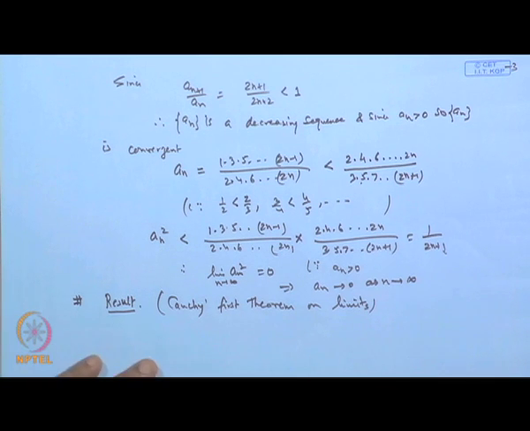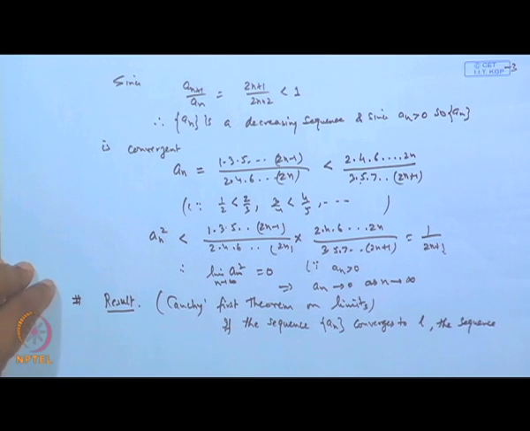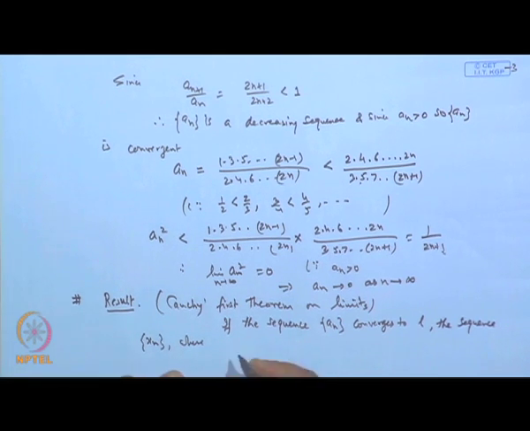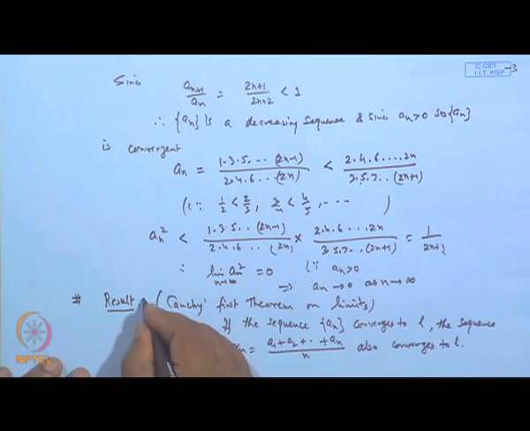What this theorem says: if the sequence a n converges to L, then the sequence x n, where x n is a 1 plus a 2 plus up to a n, divided by n, also converges to L.